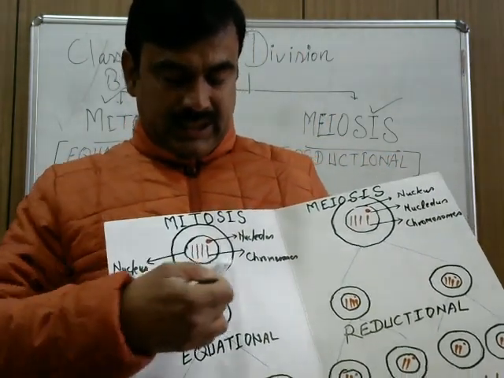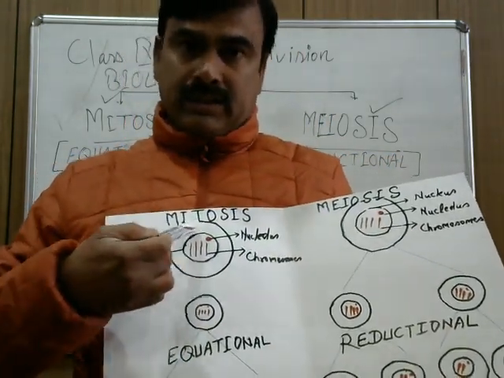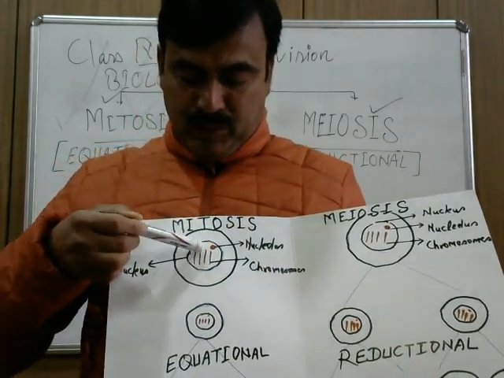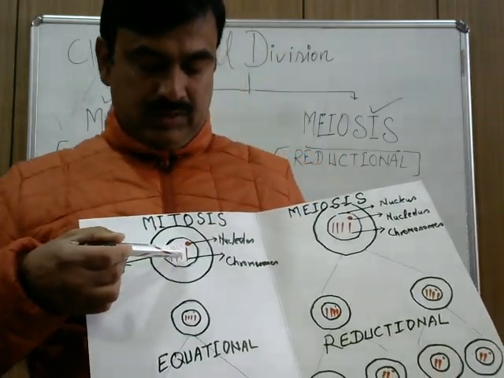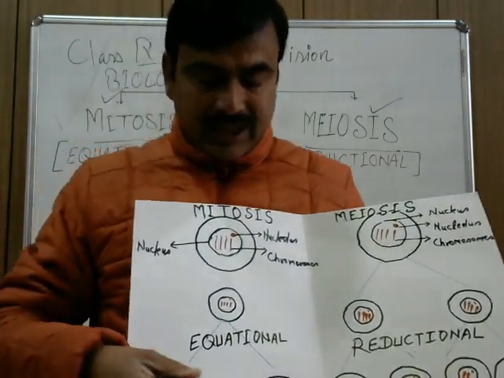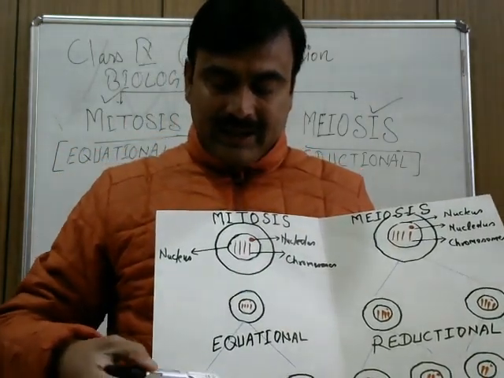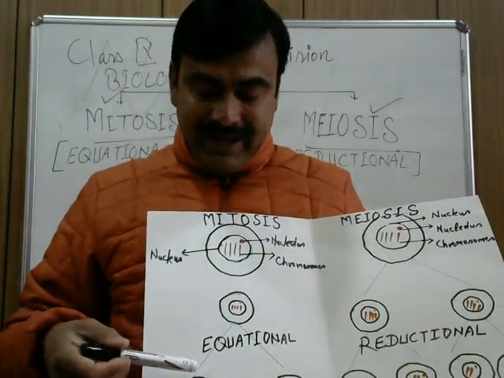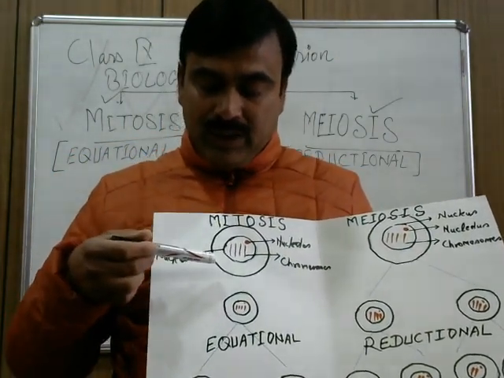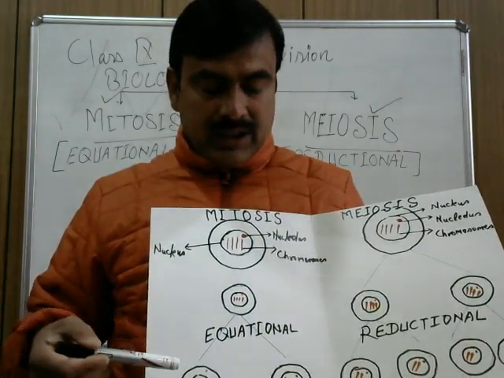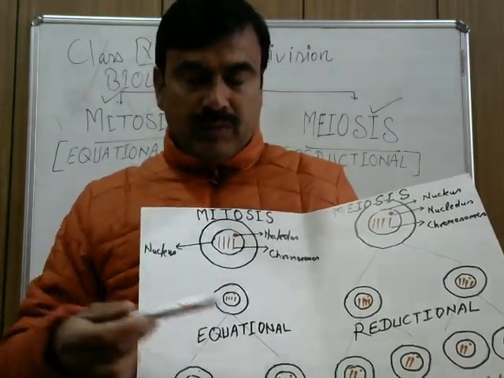In the first stage of the mitotic, the equational cell division, the number of chromosomes, can you see? 1, 2, 3, 4. And at the last stage, you can see again the nuclear membrane is present in the daughter cell, and the number of chromosomes, look at this: 1, 2, 3, 4. Daughter cell number 2: 1, 2, 3, 4.